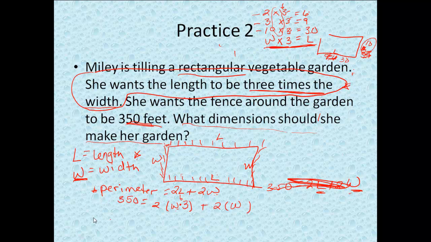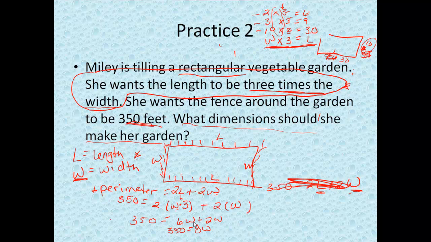So I take 350 is equal to 2 times the 3W. That'll give me a 6W. And over here I have 2W. Add those together, and I get an 8W, so 350 is equal to 8W.